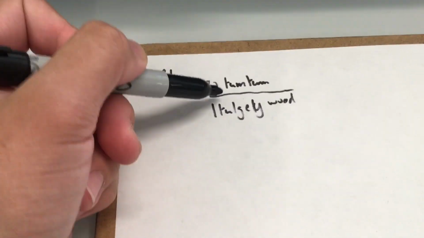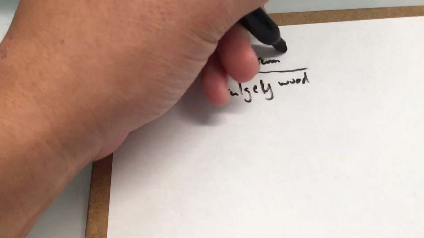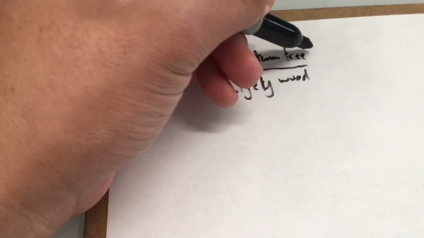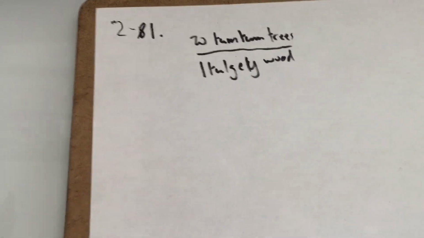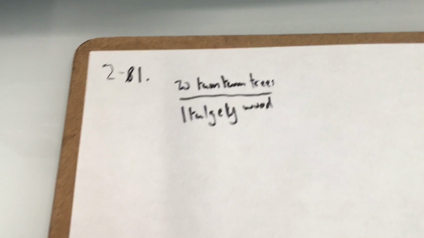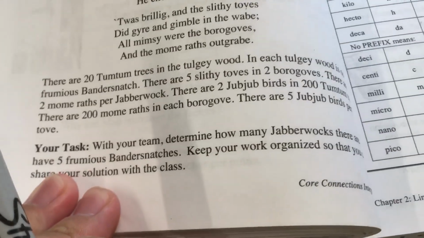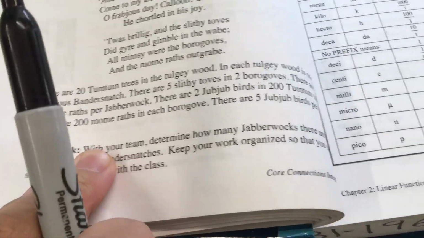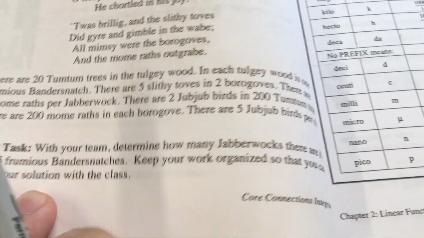And then we also have this is equal to 1, because for every 20 tum-tum trees, we have 1 Tulgey Wood. My Sharpie's dying. Anyways, I've been saying it wrong the entire time. But in each Tulgey Wood, there is 1 Fumious Bandersnatch.